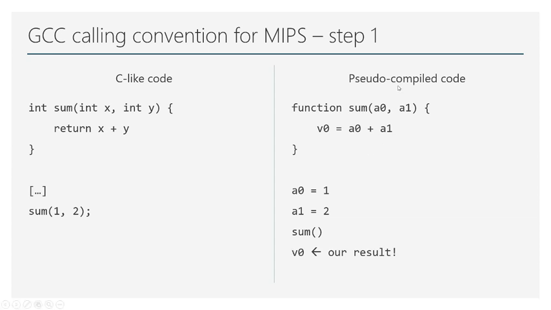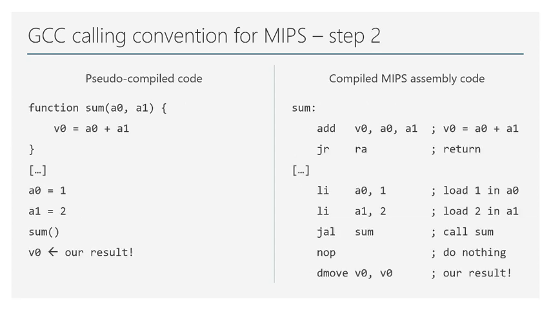This is pseudo-compiled code. This is not how the information is represented once you compile that. This is what that pseudo-compiled code will actually become in MIPS assembly. So basically we have a label called sum.